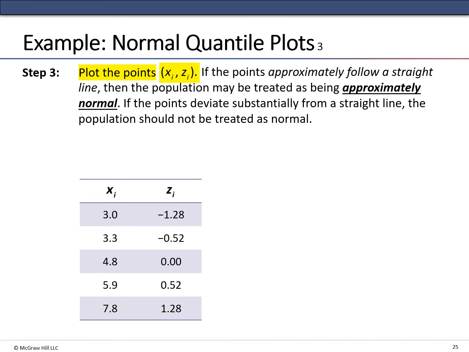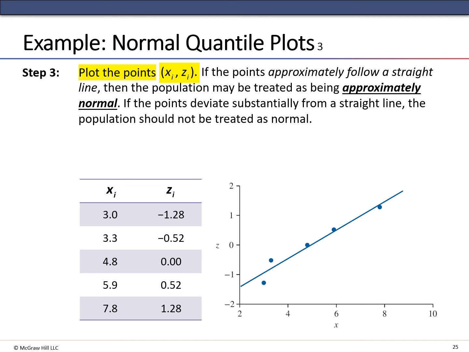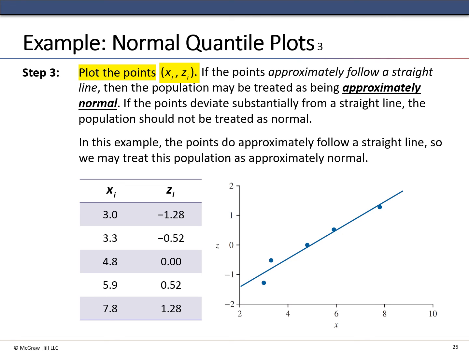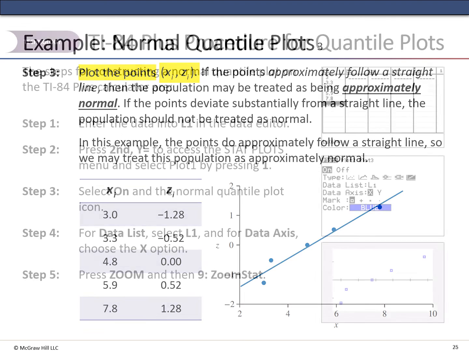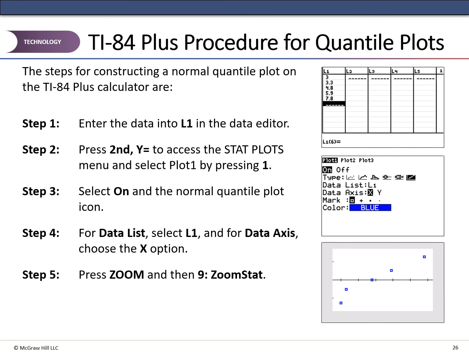And then if we plot the points, the actual data point with the z-score that's connected to the area that we calculated, and if they are roughly in a straight line, then we can treat the population as approximately normal. You can see here that they are all pretty close to that straight line, so we can treat this population as normal.